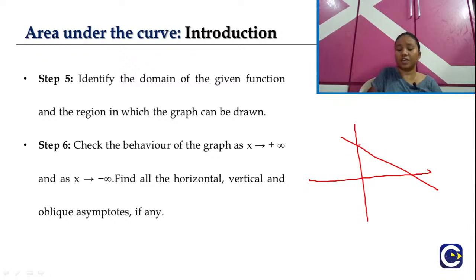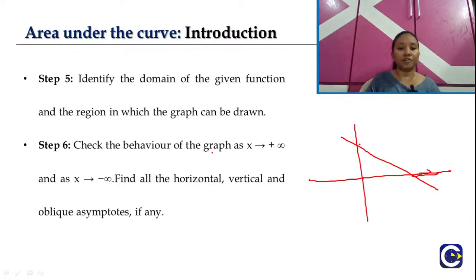This is the graph we have for the line, so all the x values we can substitute here become our domain, and all the values we get on the y-axis become the range of the given curve. So for this you can identify the domain of the given curve. It's as simple as that. By looking at the plot itself you can get an idea, or else in general also you can find it.